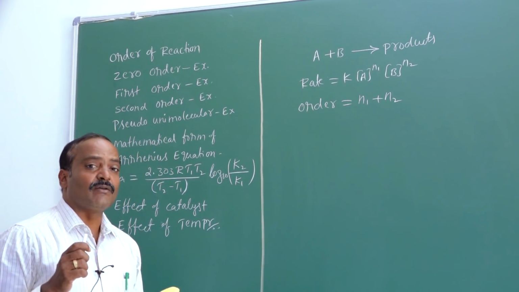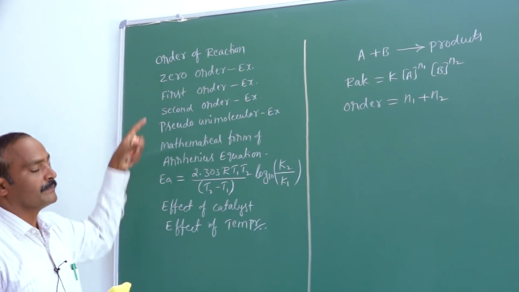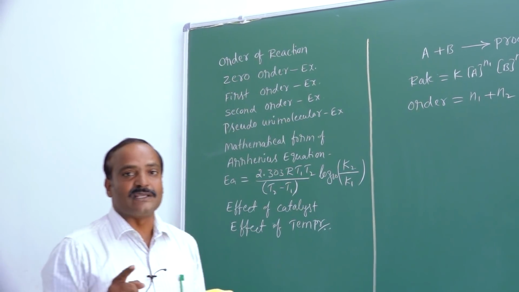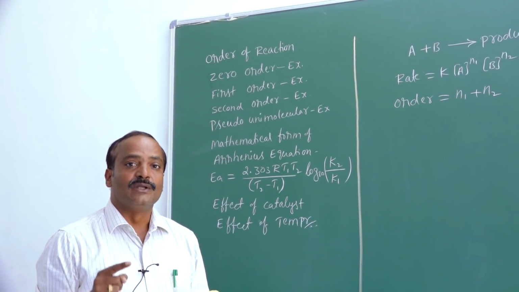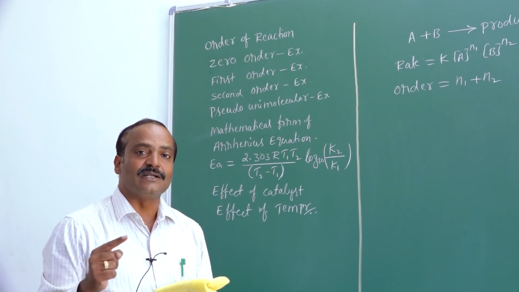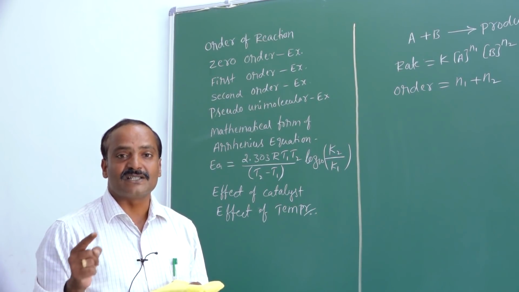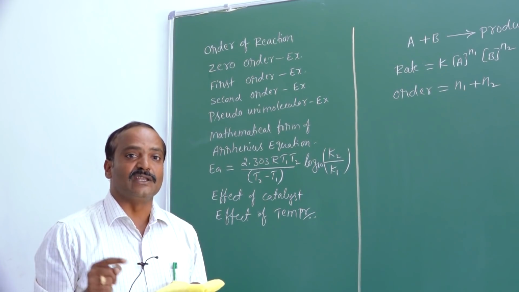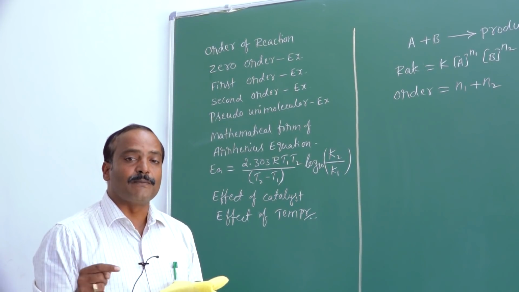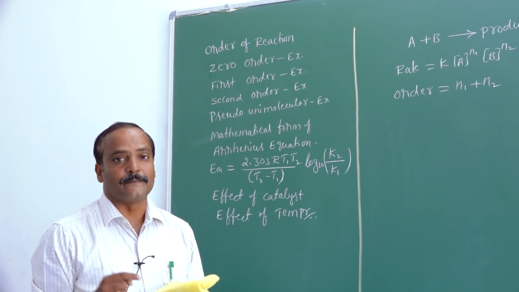What is first order reaction? A reaction in which the rate of reaction is directly proportional to the first power of the molar concentration of reactant is called first order reaction. Example: hydrogenation of ethene. Another example: radioactive decay.